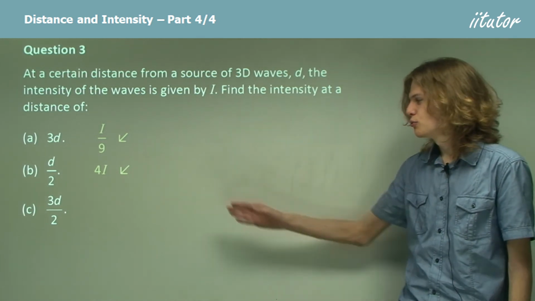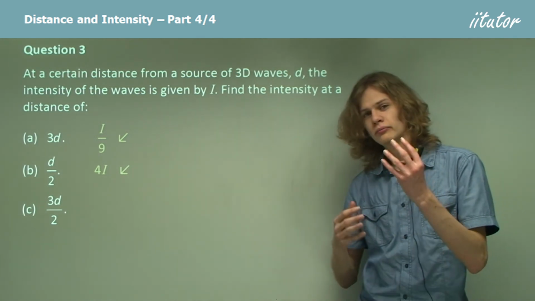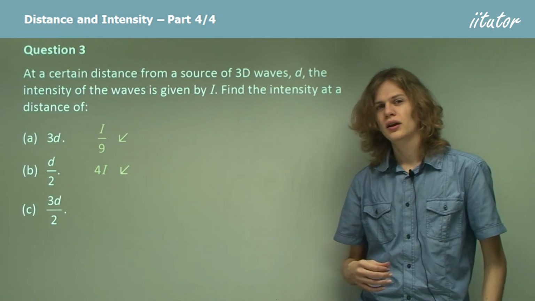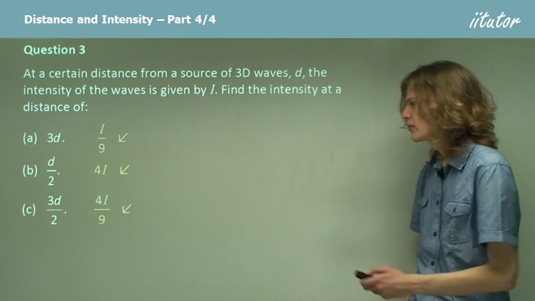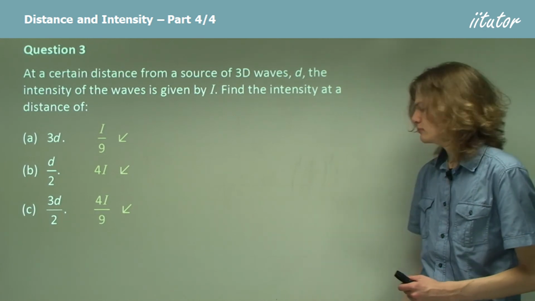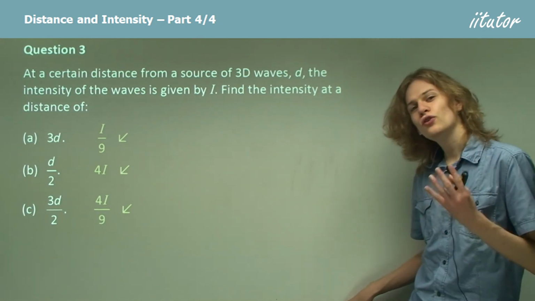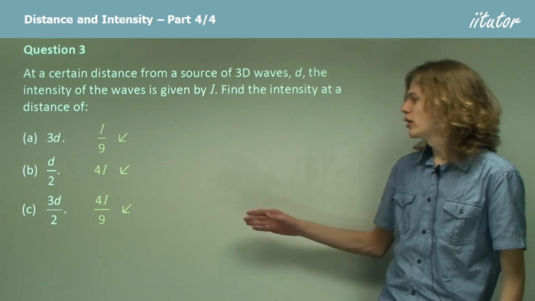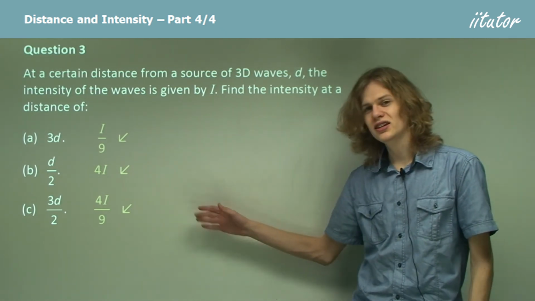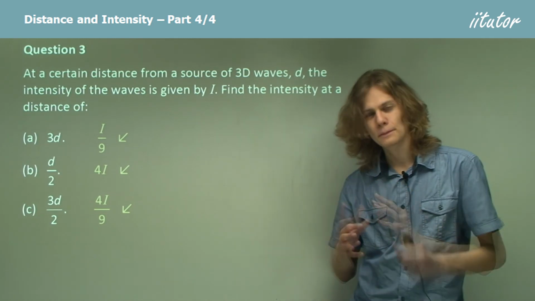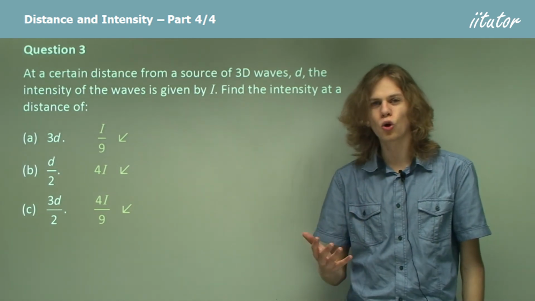If we take 3 over 2 and we invert to 2 over 3, and then we square, we end up with 4 over 9. So remember, the inverse square law means that to find out the change in intensity, we turn the change in distance upside down and square it. That's the inverse square law.